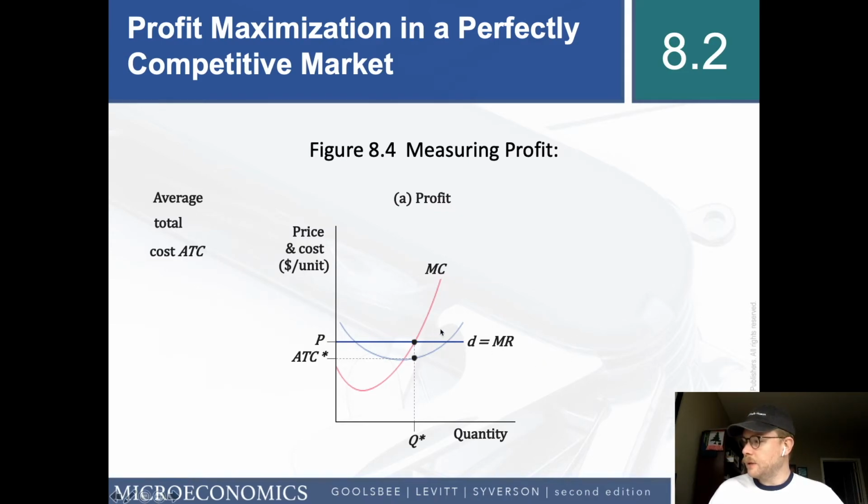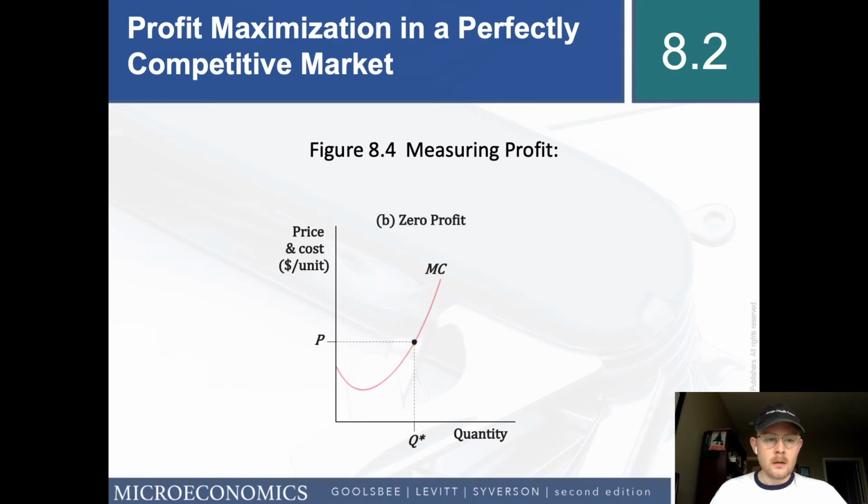But we have this equilibrium point up here because this is where marginal cost equals marginal revenue. This leads to the fact that since this point is above the point on the average total cost curve, the firm is making a profit, and the profit is this area here. In this case, the firm is making positive profit.